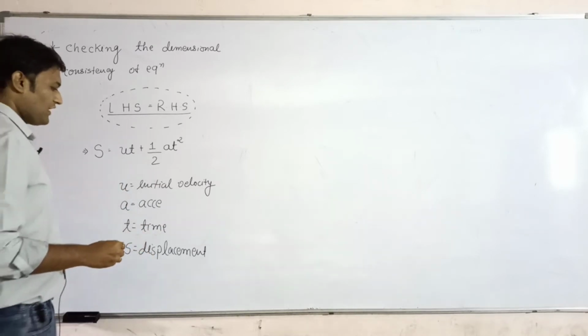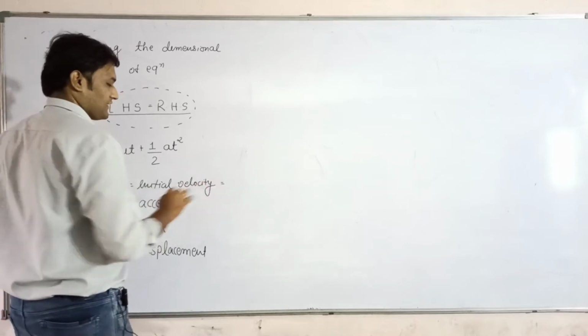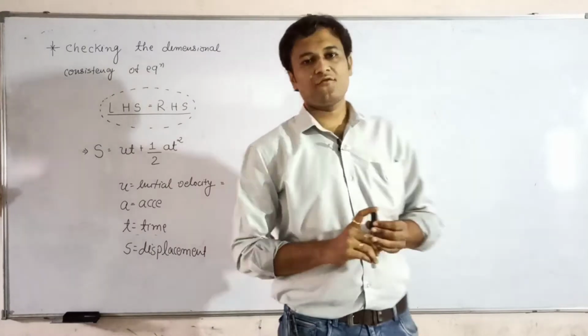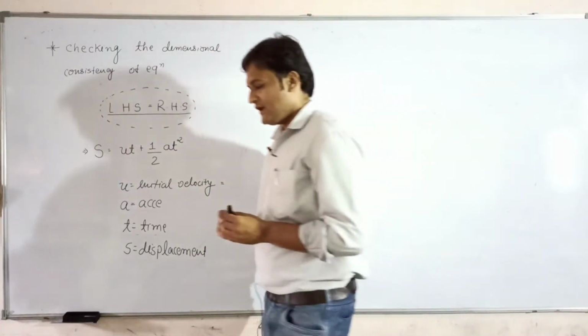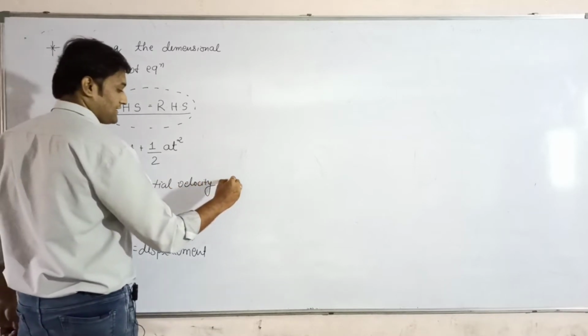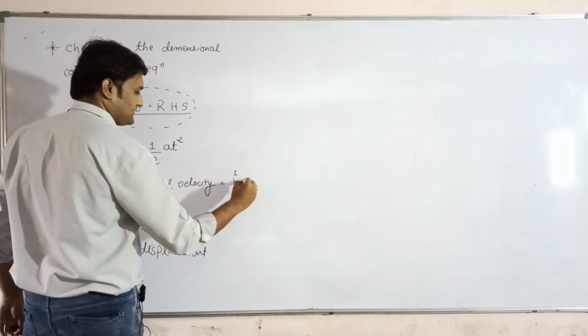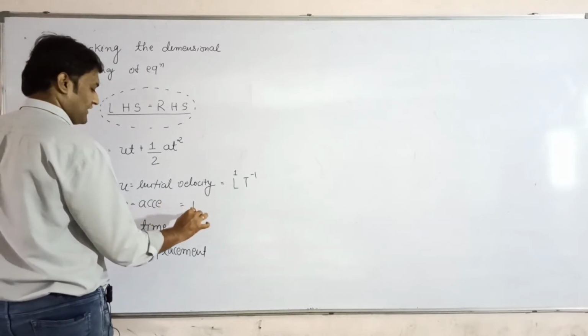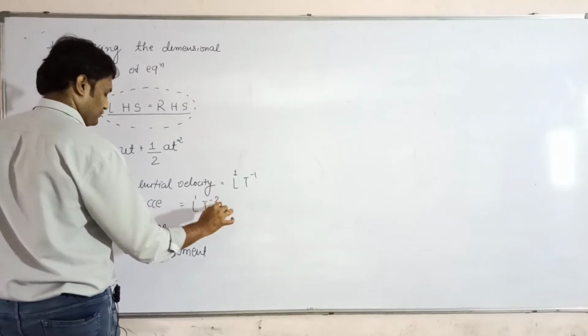The dimensional formula is the same for initial velocity, final velocity, all the velocity. Okay, so here the dimensional formula of initial velocity is L1 T minus 1. For the acceleration, it is L1 T minus 2.